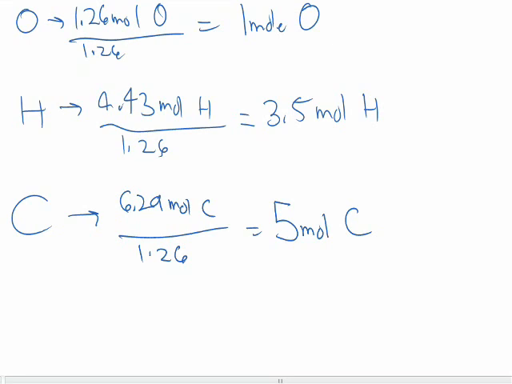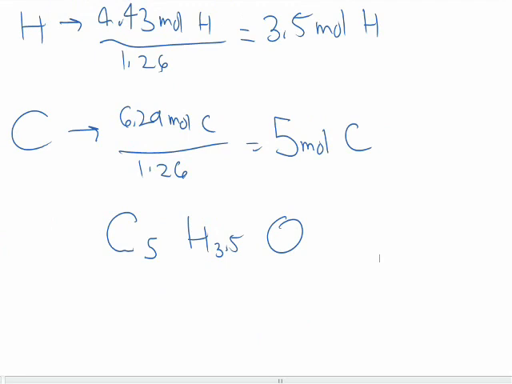So let's write out what we had: C5H3.5O1. But we can't use that 3.5 and we can't just round up. So what we do is multiply everything by 2 to get rid of the 3.5.